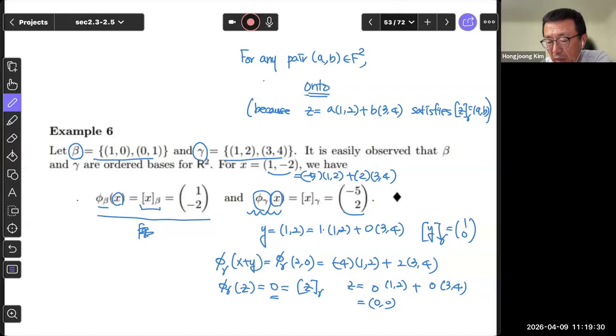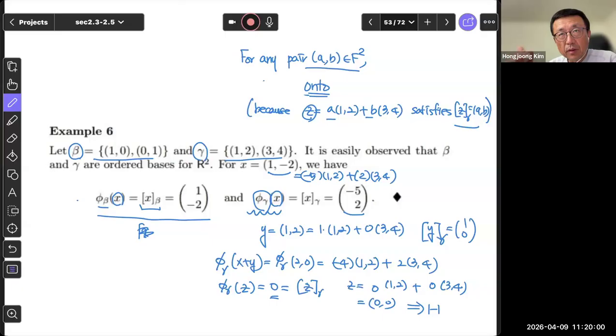Because for any pair in the domain, I mean codomain, it is an image of something. So this part shows that this mapping is 1-to-1, and this upper portion shows that the mapping is onto, so it will be invertible, right?